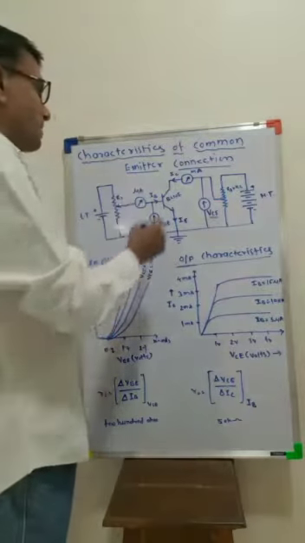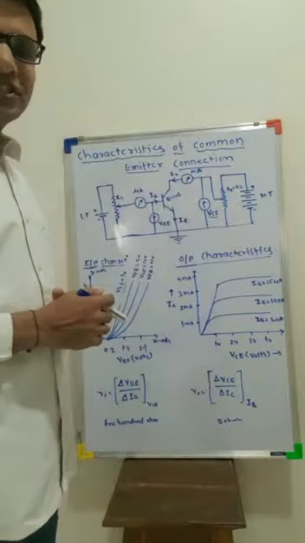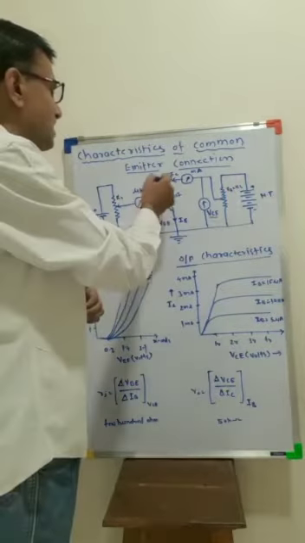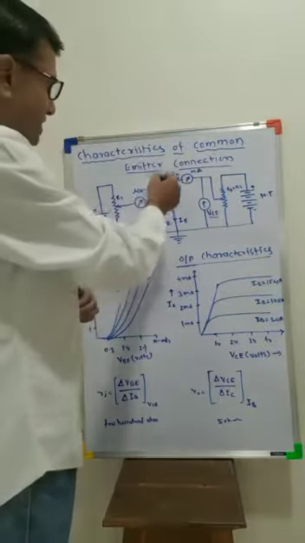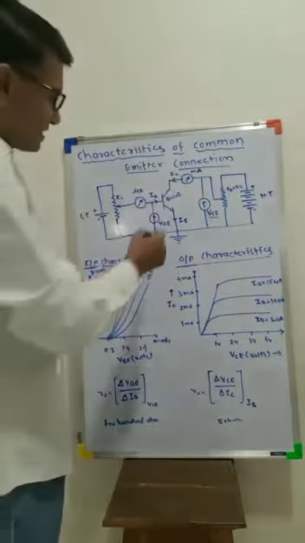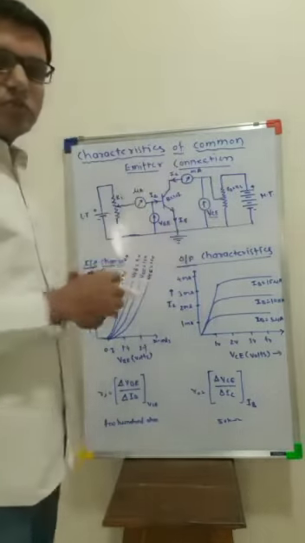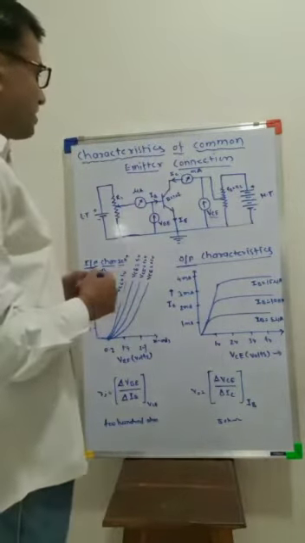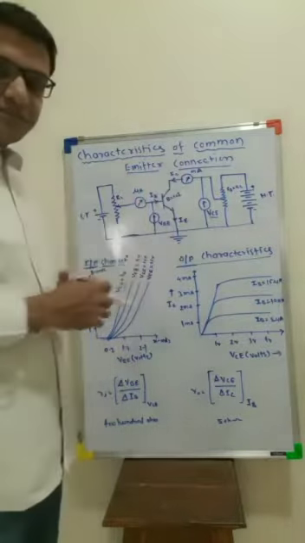Okay, then the main part of this circuit is the transistor, and the transistor is the heart of every electronic device. Here is the common emitter transistor. It means that the emitter is common to the input section as well as the output section. The transistor has three terminals: emitter, base, and collector.